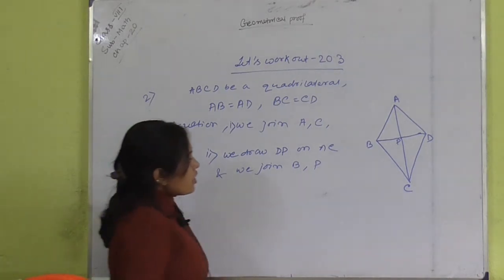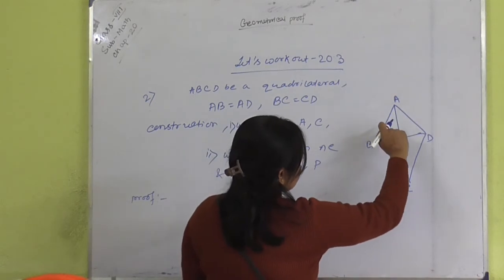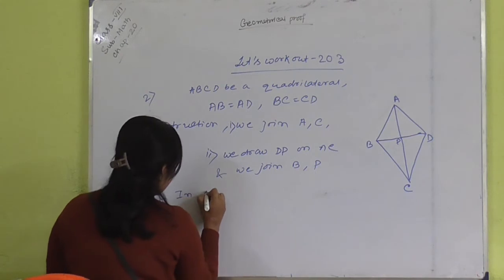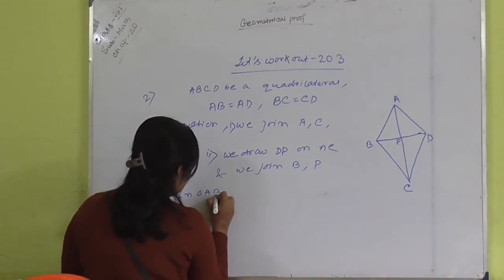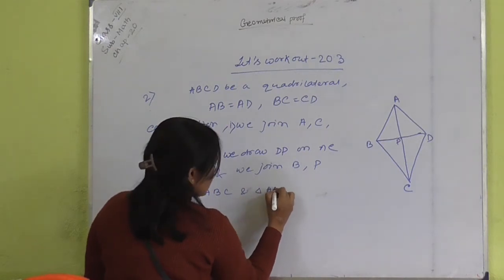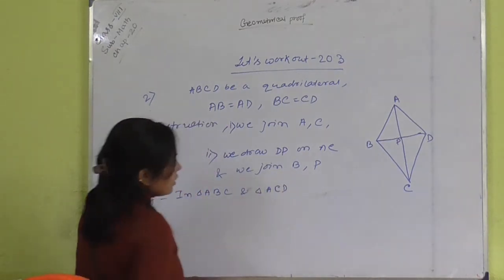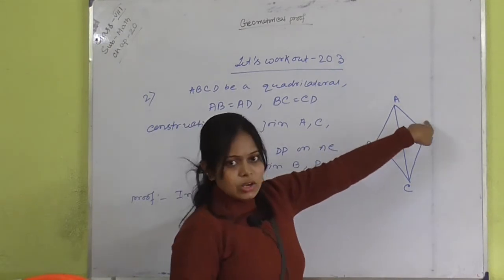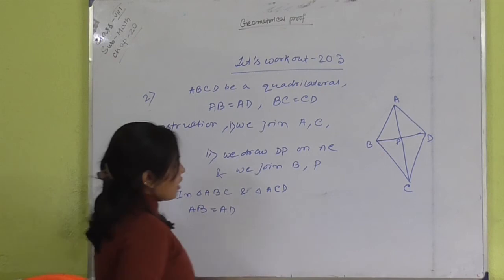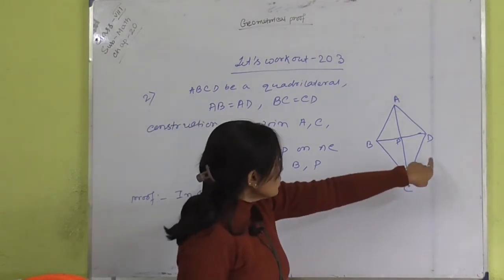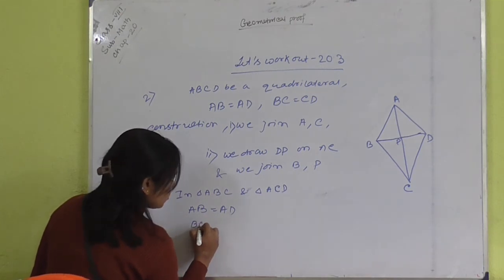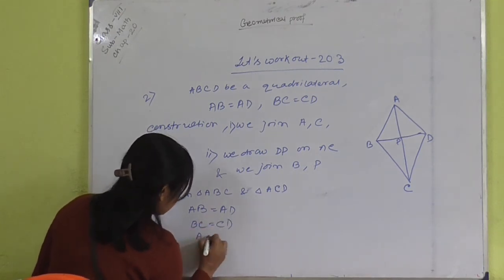Now the proof is, if we consider triangle ABC and ADC, then in triangle ABC and in triangle ACD, AB equal to AD, already given, and BC equal to DC, already given, and AC common.